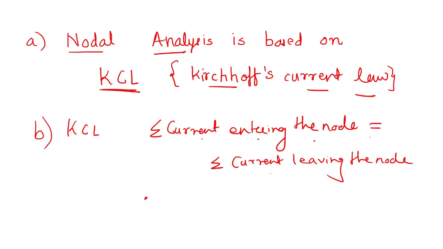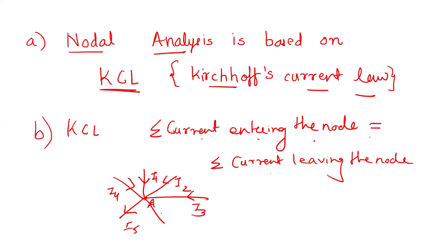For example, I have this node A, and I have various branches to it. This is I1, I2, I3, I4, I5, and I6. So what does KCL say?